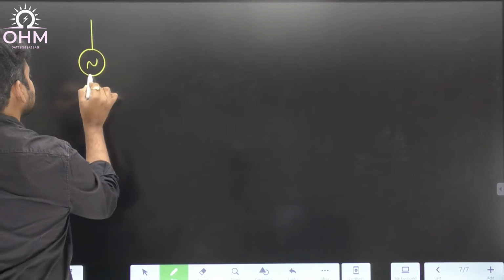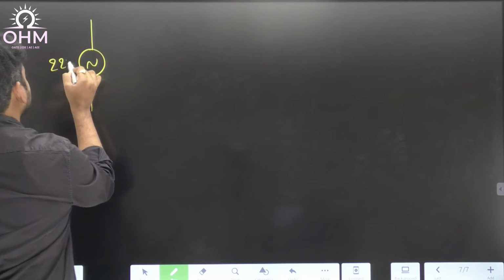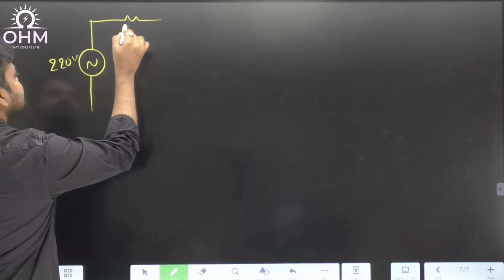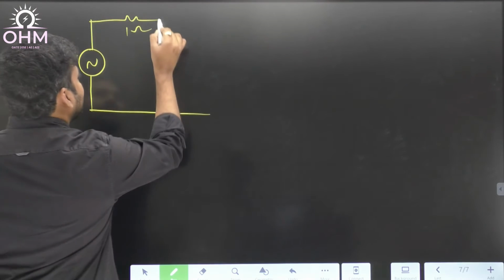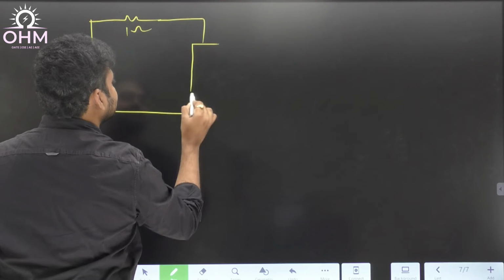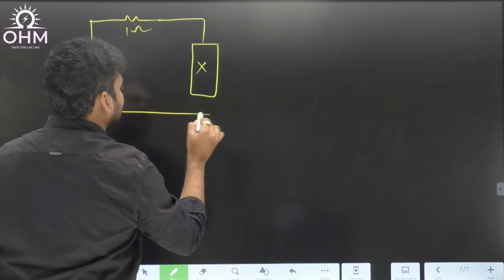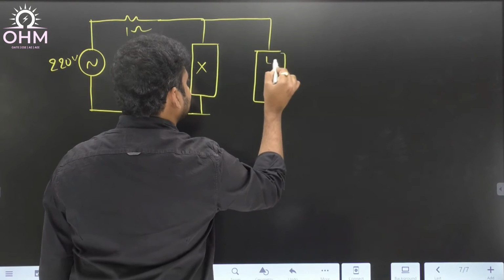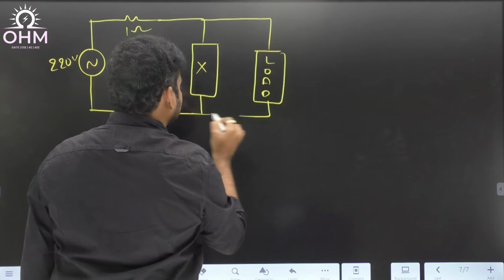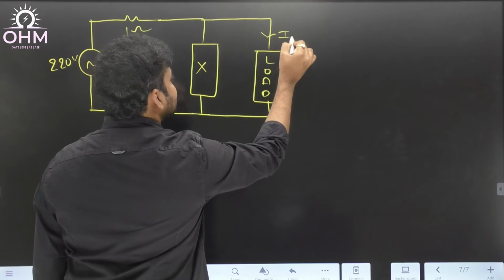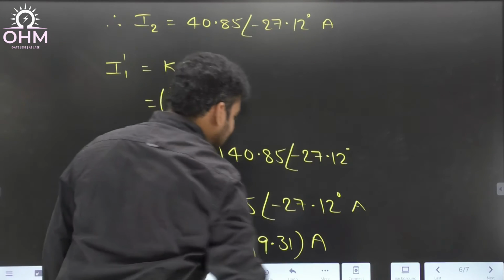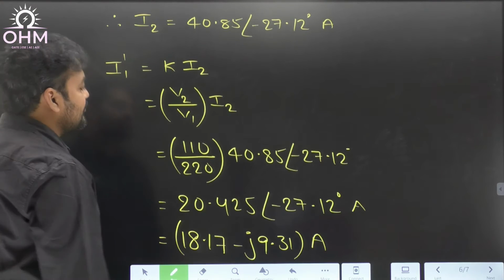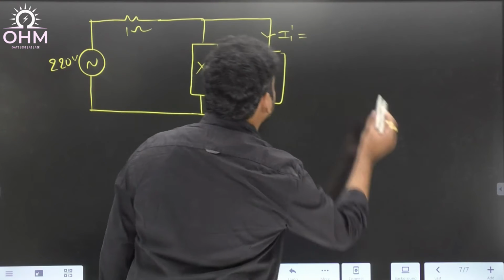Coming to the circuit, here we have the source voltage 220 volt given, and the internal resistance of the source is 1 ohm. Now there is a reactance X here, and here we have the load. The load is transferred to the primary side. Now, what is the load current? That load current is nothing but I1 dash. We just found the real part and imaginary part: real part 18.17, imaginary part 9.31.